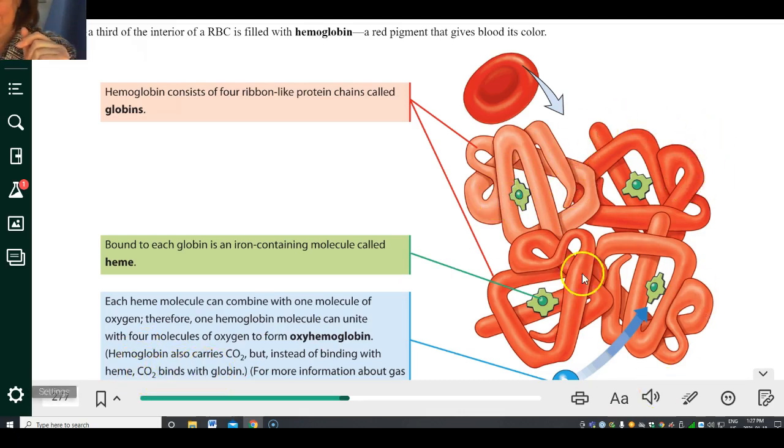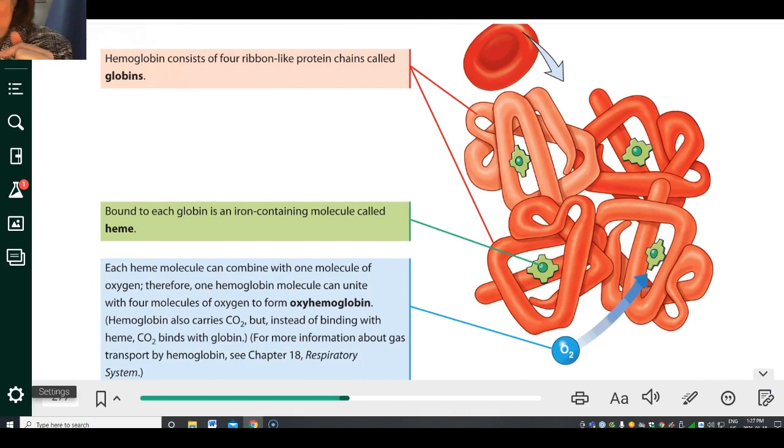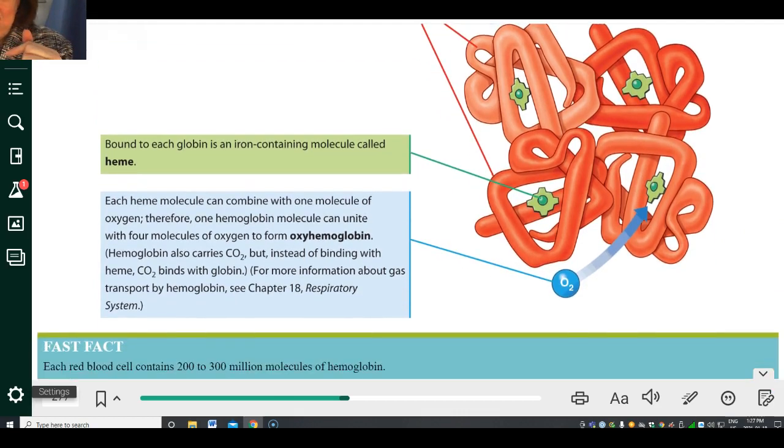The globin is the bigger red squiggly parts. Remember how we talked about oxygen holding its electrons tight and becoming slightly negative, so it will bind to any hydrogens that are slightly positive. That's how the hemoglobin and carbon dioxide interact, and we'll go into a little more detail on that.